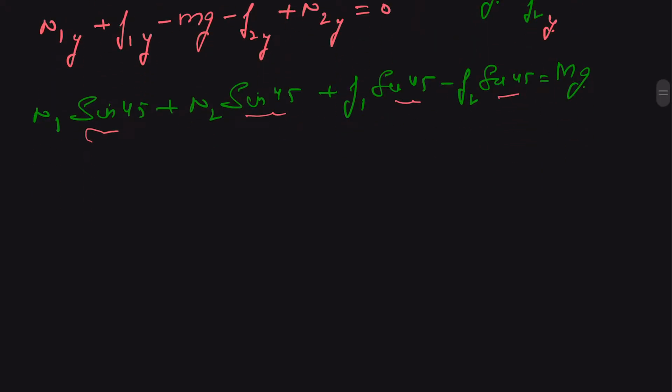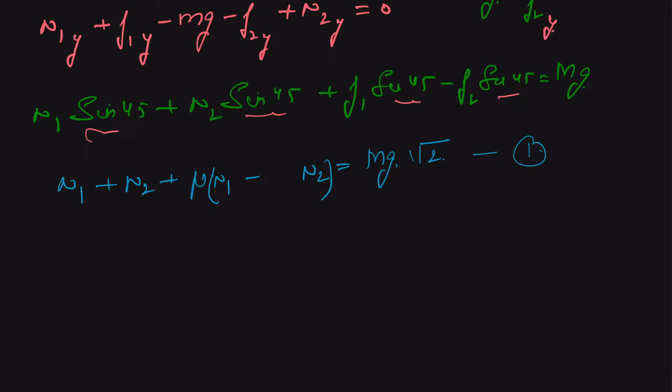Therefore we can write N1 plus N2 plus F1 and F2 in terms of our normals, that is mu N1 minus mu N2 is equal to mg times square root of 2, and we can take this mu as common, so this will be coming as this equation. Okay. Let us call this equation number 1.